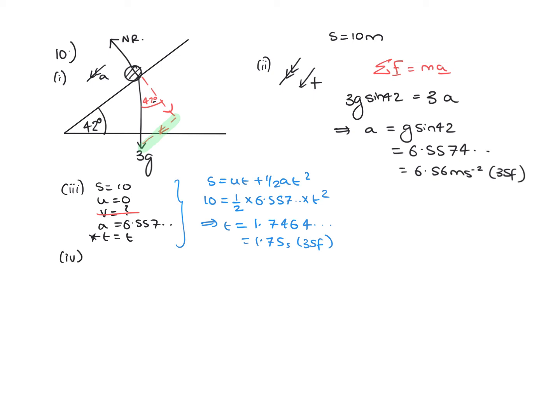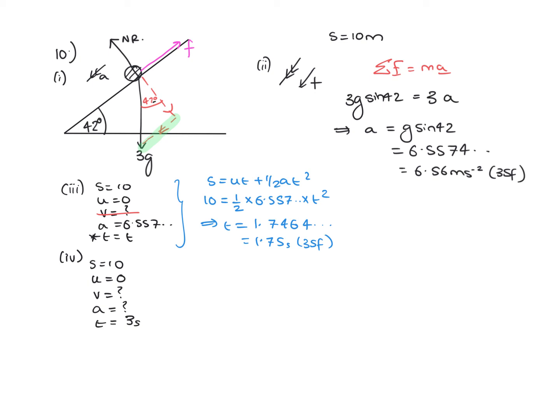So, in fact, the chute is not smooth and the brick takes 3 seconds to reach the ground. Find the frictional force acting on the brick, assuming it to be constant. So I'm going to revisit my diagram up here and put in a frictional force like that. We now know the brick takes 3 seconds to reach the ground. So S equals 10, U equals 0, it started at rest, V is a question mark, A is a question mark, T equals 3 seconds.